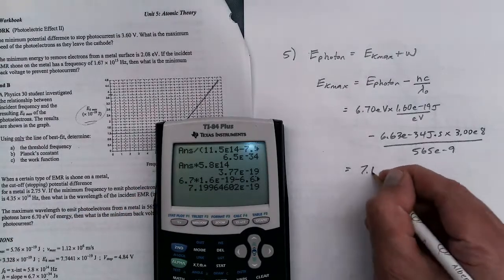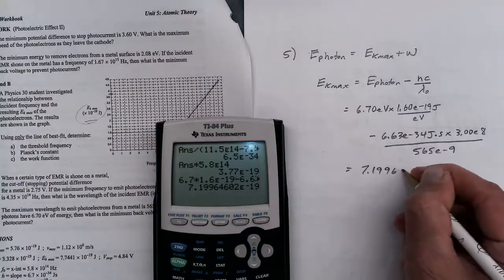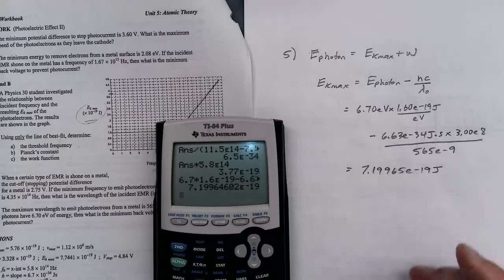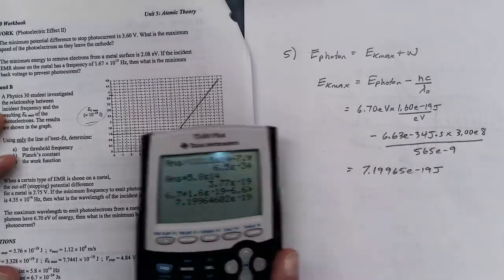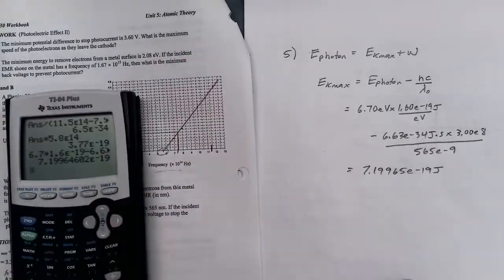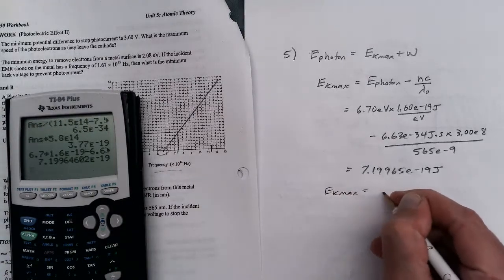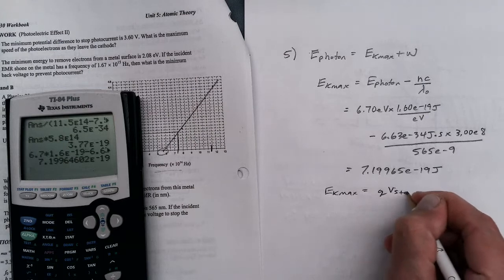Okay, 7.19965 E negative 19 joules. And from that, the minimum back voltage. Okay, so EK max equals QV stop.